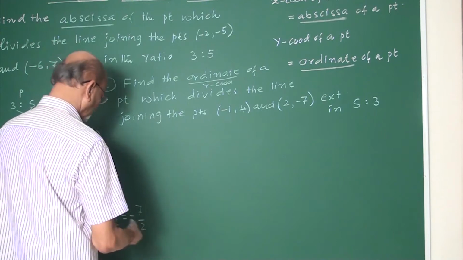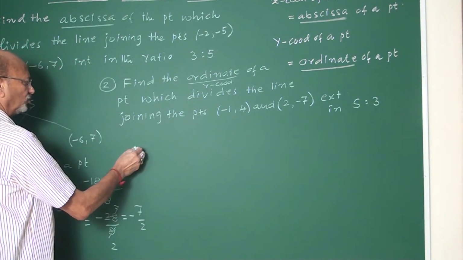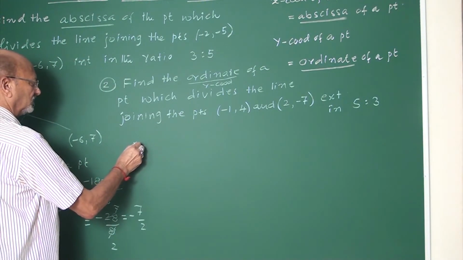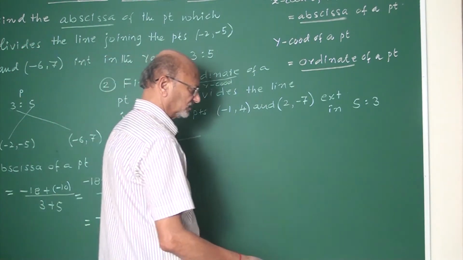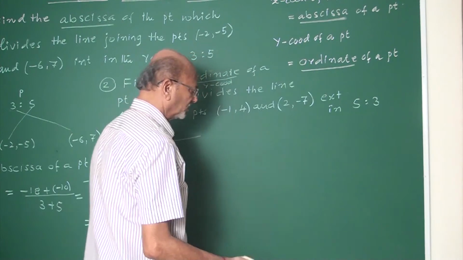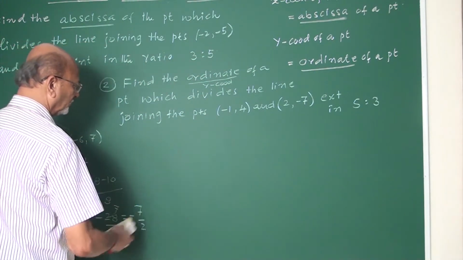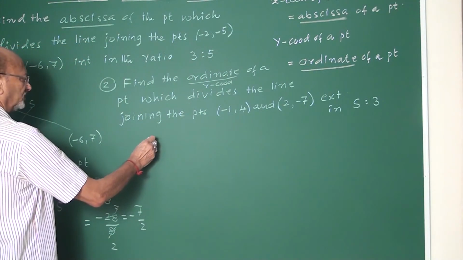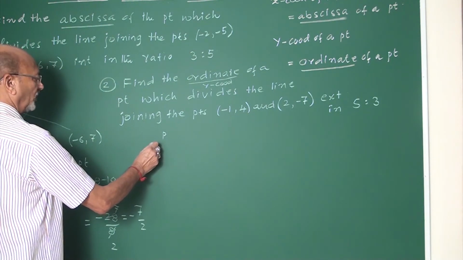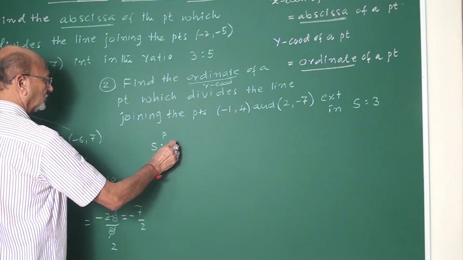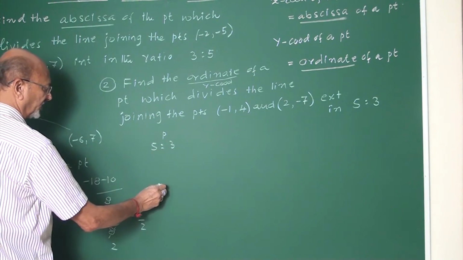Same as before: if you wanted this figure, otherwise you go for another figure where you mark that point outside. This is AB, and this is the point P. The ratio is 5:3.